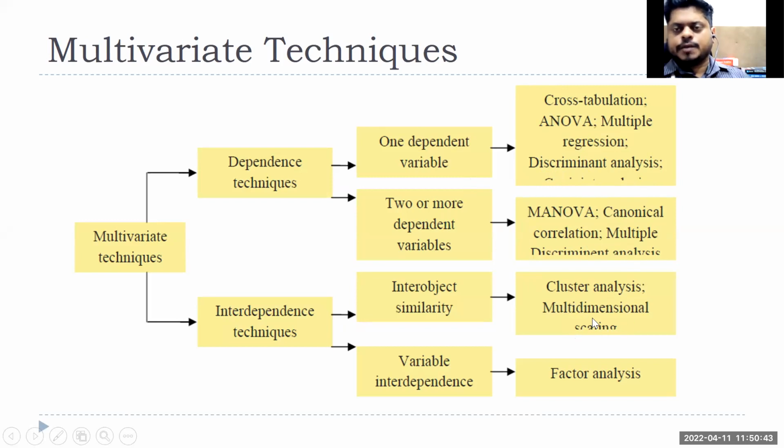MDS is a good method to carry out a positioning map, right? Competitor analysis: where does my product or company lie with respect to competitors? Then factor analysis, right? So these are the additional methods which you'll learn in the second year. In the first year, what we have covered is only, I think, cross tabulation and regression.